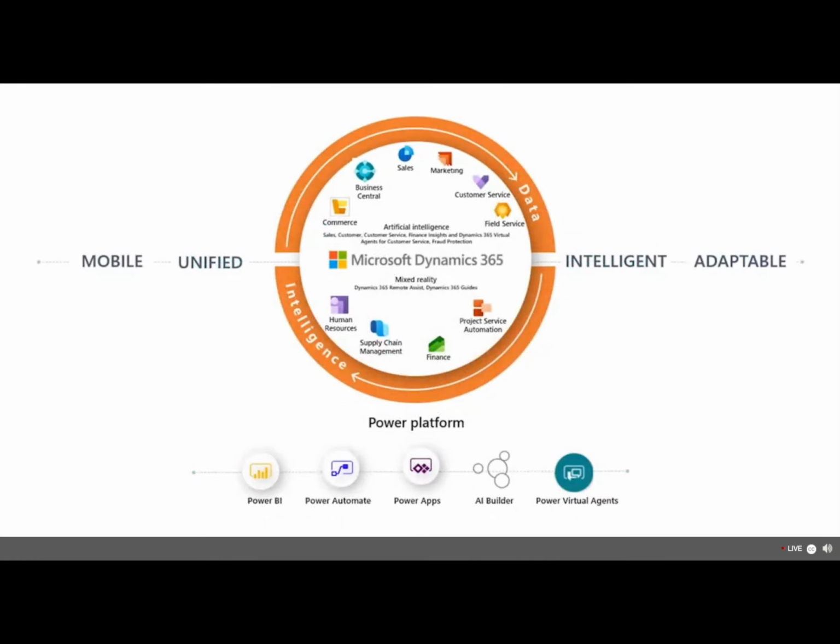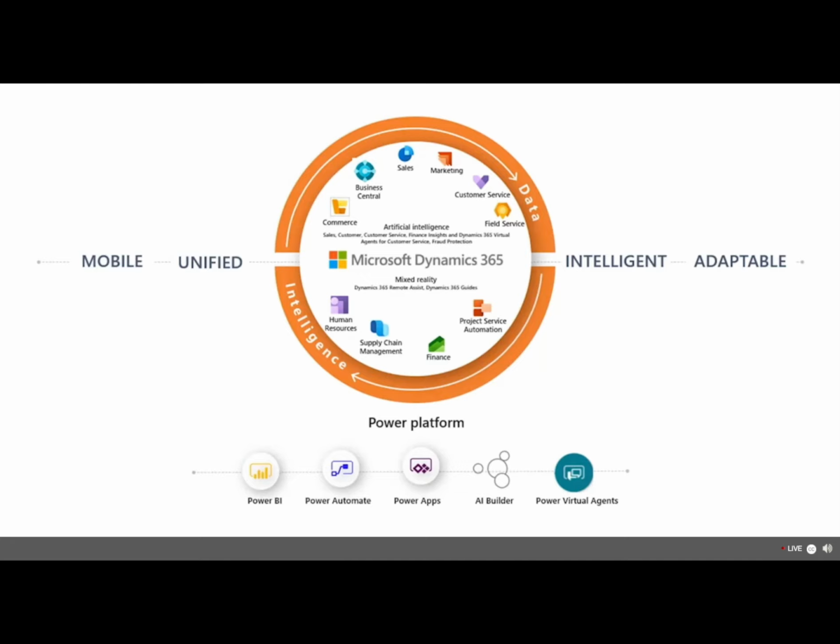So that's where we get Dynamics 365. We have this unified solution, this CRM, this ERP that has come together to work on desktop computers, mobile devices. It's adaptable to multiple different businesses.